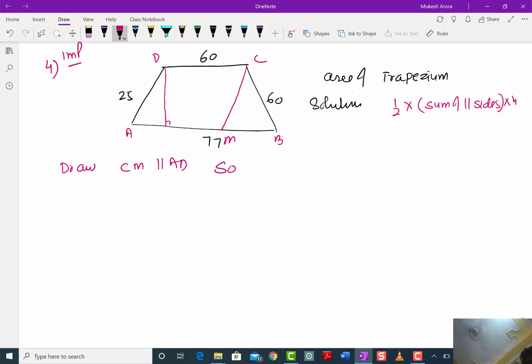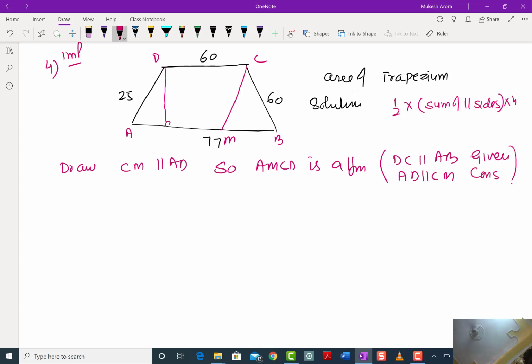So AMCD is a parallelogram because DC is parallel to AB and AD is parallel to CM. This is given and this is construction.